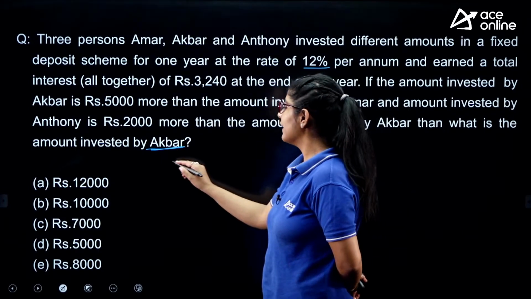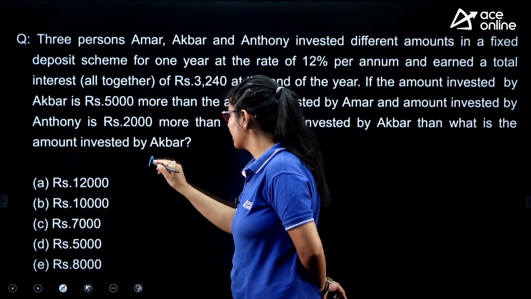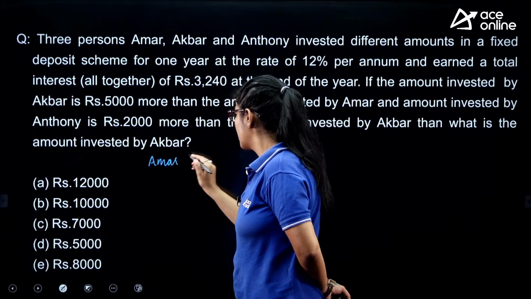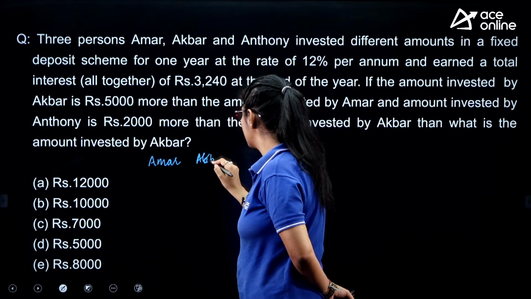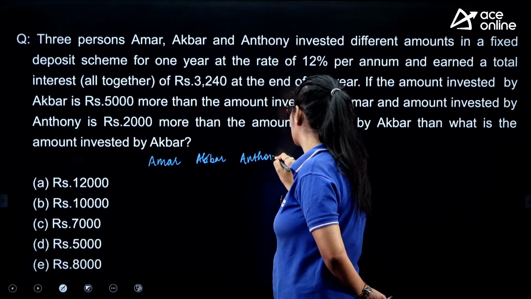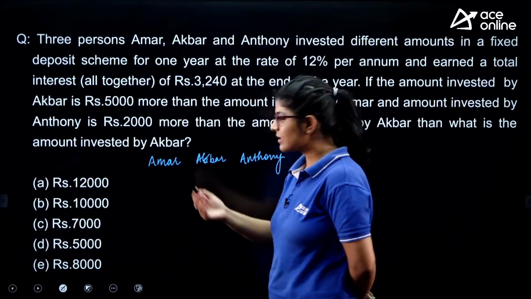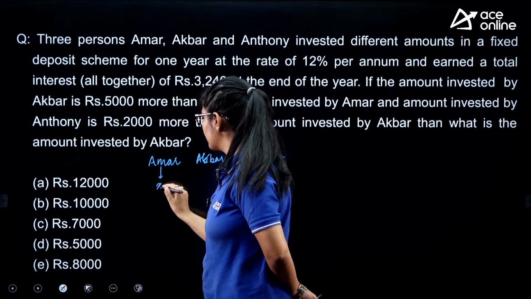Okay. Here we have three persons, Amar, Akbar, and Anthony. Let's suppose Amar invested X amount.